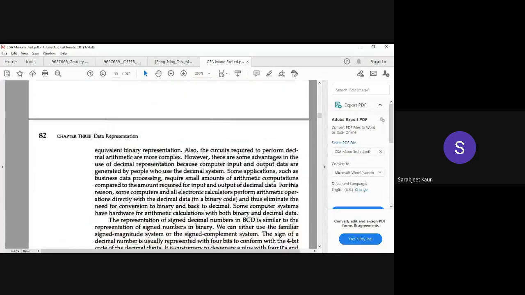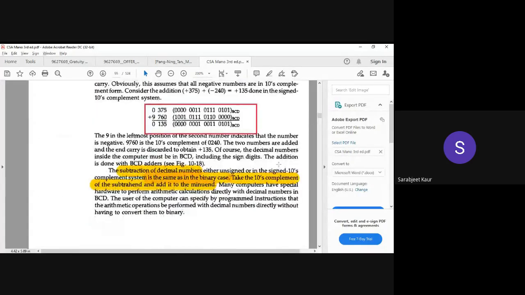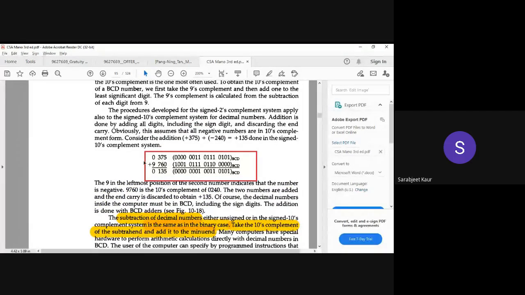I'll come to overflow in a minute. So what happens if I have to do something like this in BCD? So 0375 plus, we have to do this, right? So how will we do it? Please see, actually this is what they want to do.